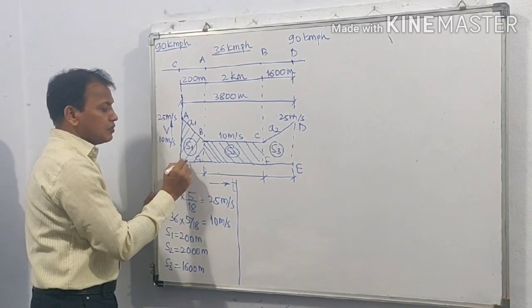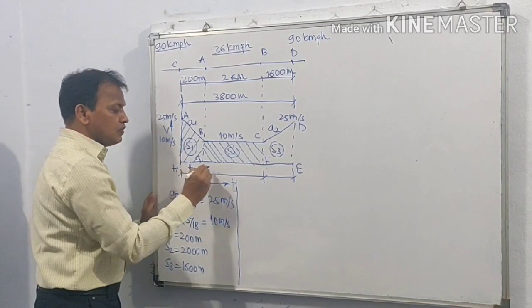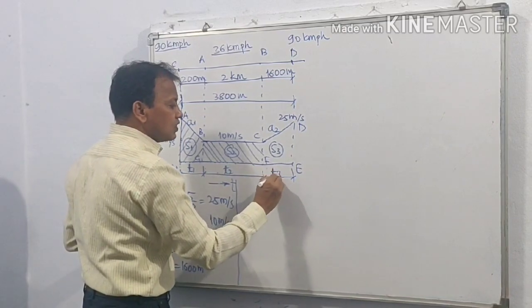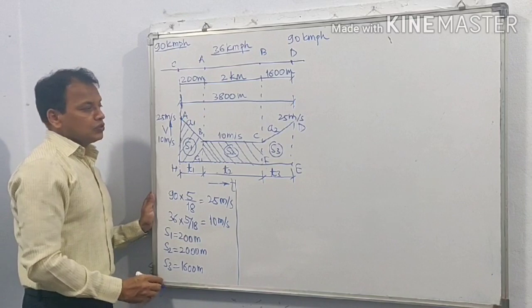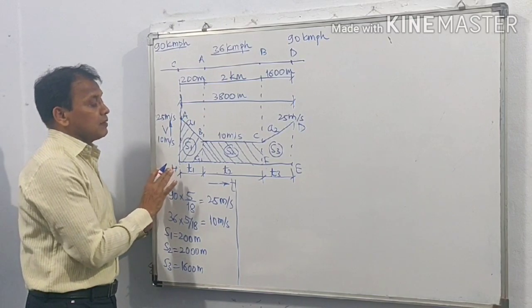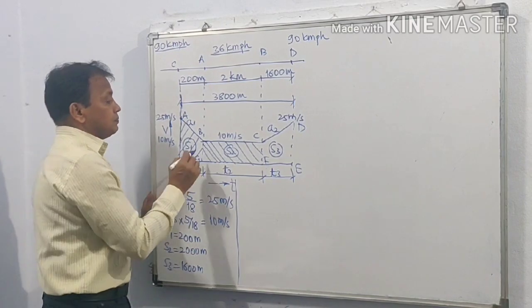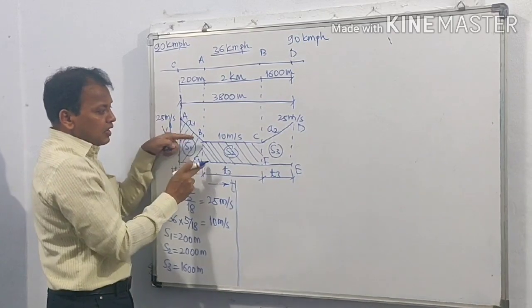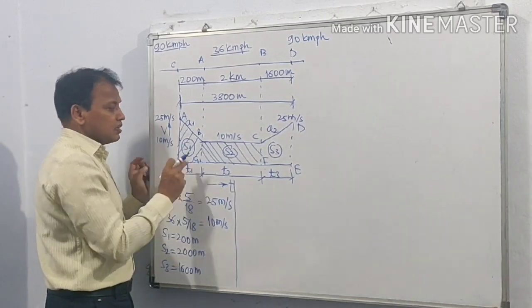Let time taken for S1 be T1, for S2 T2, and for S3 T3. So we want to find this time. Now this is 25 meter per second and this is 10 meter per second.